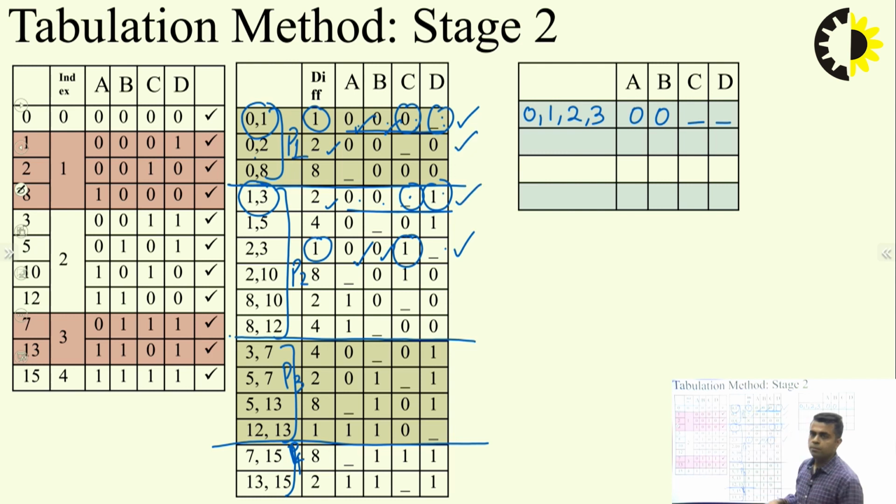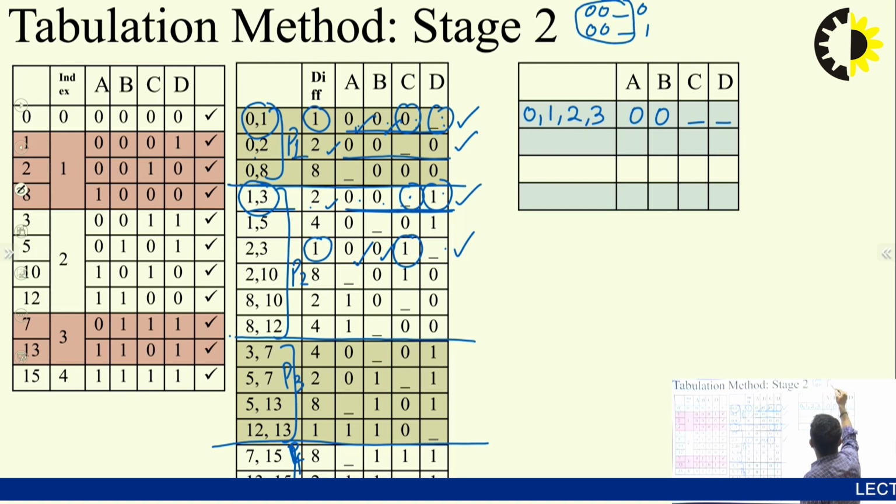So I am taking them, but I am not writing it in the next stage table because it is already present there. You can check that 0, 2 is 0, 0, dash, 0, and 1, 3 is 0, 0, dash, 1. So for this new group formed with difference 2, 0, 2, 1, 3, again we can check that 0, 0, dash is common and this is the point of difference.